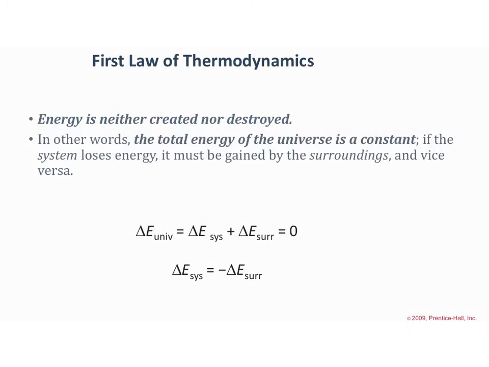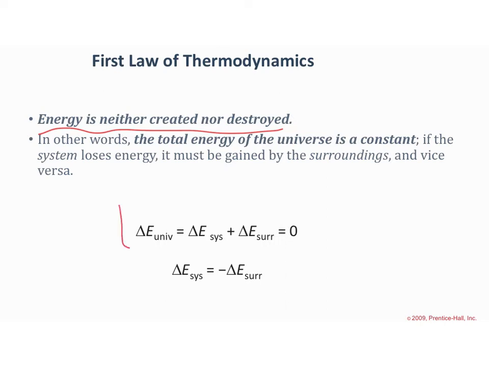The first law of thermodynamics, there are three common laws of thermodynamics, but the first law is that energy in our universe can neither be created nor destroyed. In other words, if a system loses energy, the surroundings have to gain that same amount of energy or vice versa.